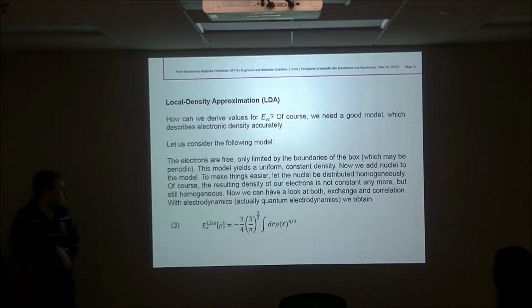So now we can look at how we can solve this. Actually, this can already be done almost classically from electrodynamics, or more accurately from quantum electrodynamics. And this yields a solution, very nice, very analytic, for the exchange part.